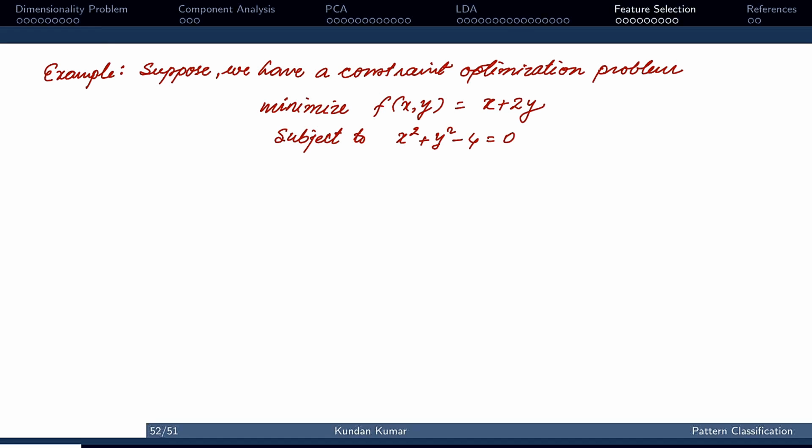This is an example of the equality constraint optimization problem. You can notice the constraint is in equality form. So let us solve this problem. In the first step, we have to define the Lagrangian.